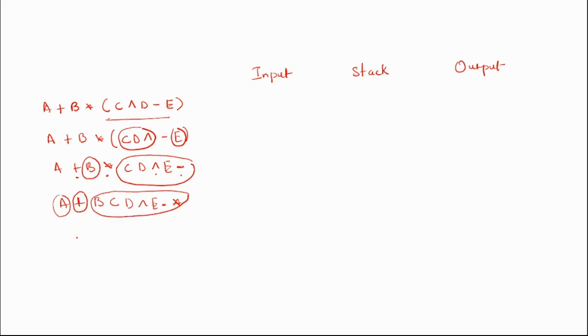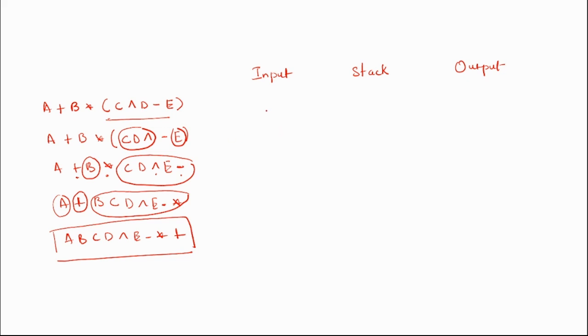So now to resolve this, I'll say a b c d to the power e minus star plus. This is our postfix expression for this infix expression. I hope you have got this, right?